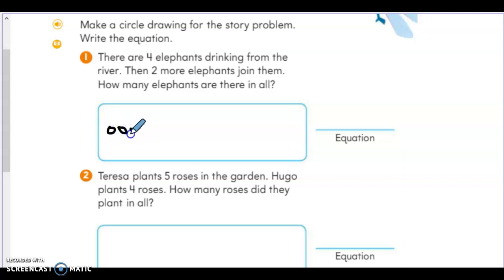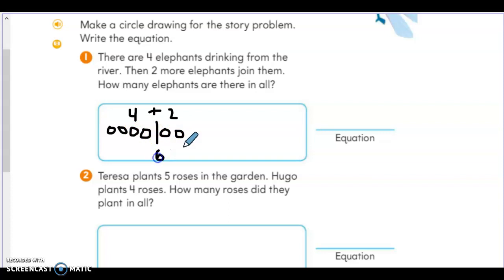1, 2, 3, 4, and you friends can do this right along with me. And then 2 more. Okay, we'll write our stuff up here. 4, 2, and we have 1, 2, 3, 4, 5, 6 elephants in all.